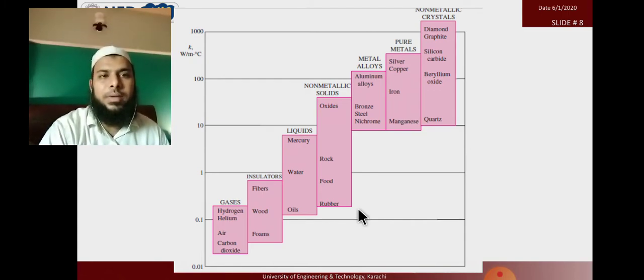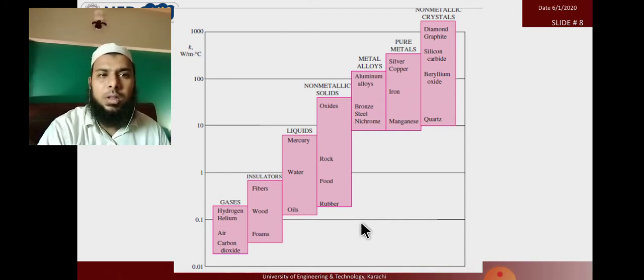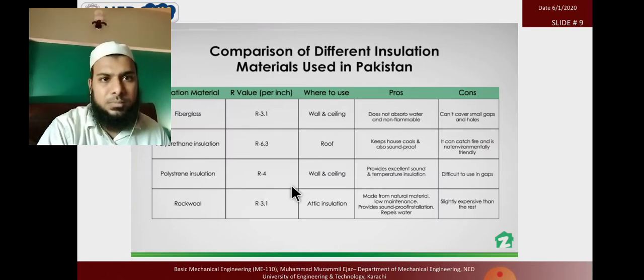So when we have done all the parts of conduction, convection, and radiation, we will study, especially related to your field, insulation in homes, and how we can calculate the insulation required in the construction of any building.